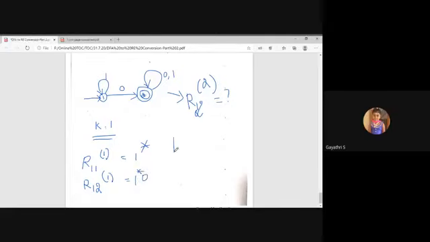Then what about R21 of 1? And the final, R22 of 1.